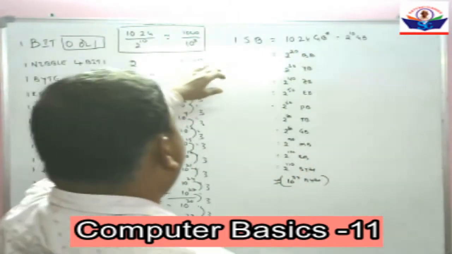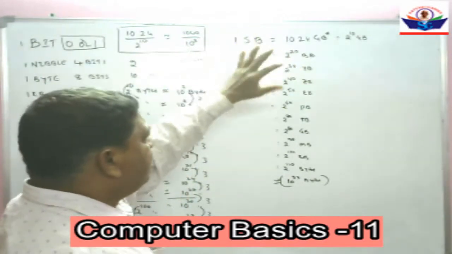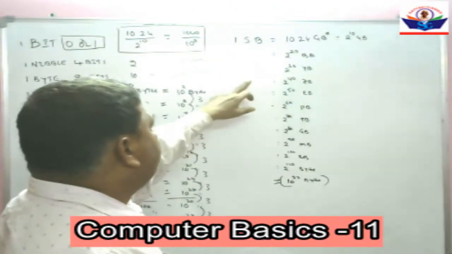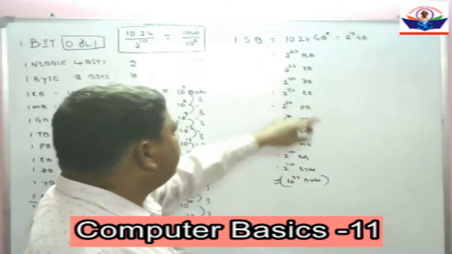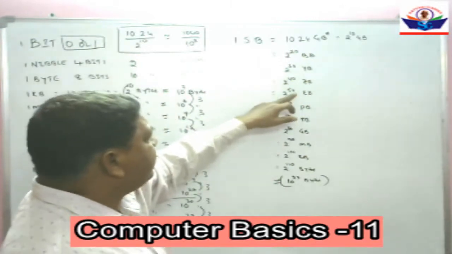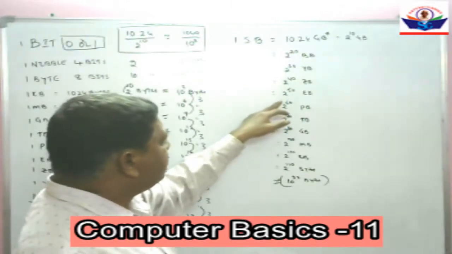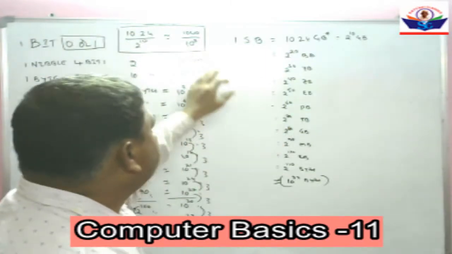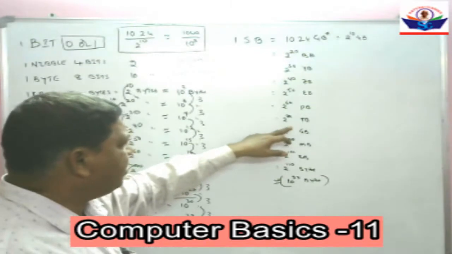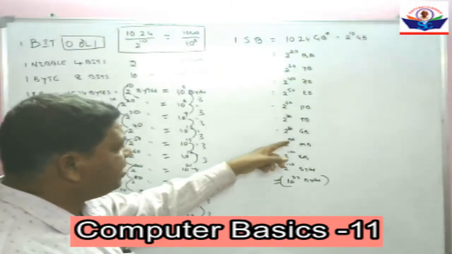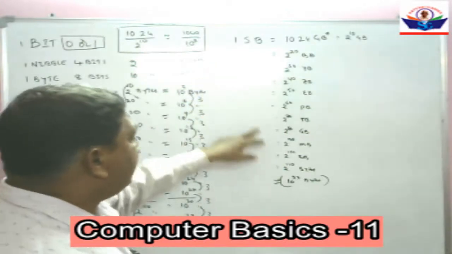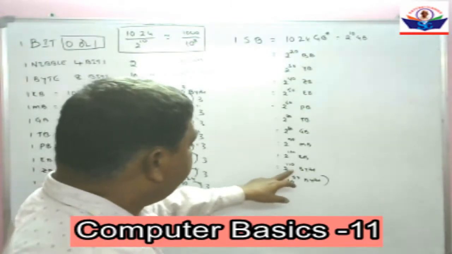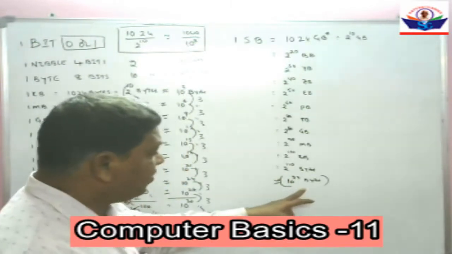So 1 Sagar byte is equal to 2 to the power of 10 gigabyte, which is, 1 Sagar byte is equal to 2 to the power of 20 protobyte. 1 Sagar byte is equal to 2 to the power of 30 yottabytes. 1 Sagar byte is equal to the power of 40 zettabyte. 1 Sagar byte is equal to the power of 50 exabyte. 1 Sagar byte is equal to the power of 60 petabytes. 1 Sagar byte is equal to the power of 70 terabytes. 1 Sagar byte is equal to the power of 80 gigabyte. 1 Sagar byte is equal to the power of 100 kilobytes. 1 Sagar byte is equal to the power of 110 bytes, which is approximately equal to 10 to the power of 33 bytes.